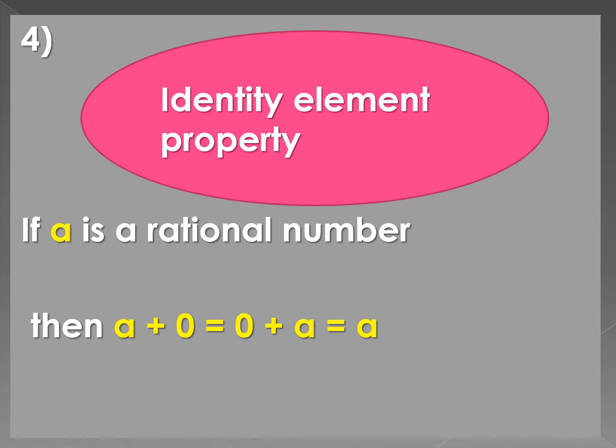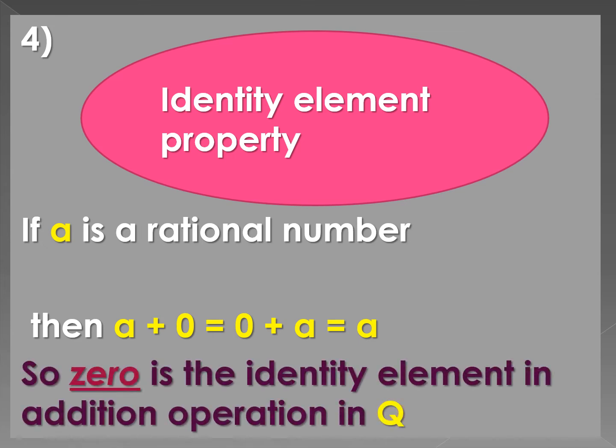So adding 0 gives me the same rational number. So 0 here is the identity element in addition operation. A plus 0 equals 0 plus A equals A, as a rational number belonging to Q. So 0 is the identity element in addition operation in Q.